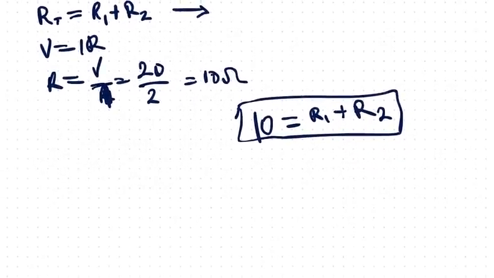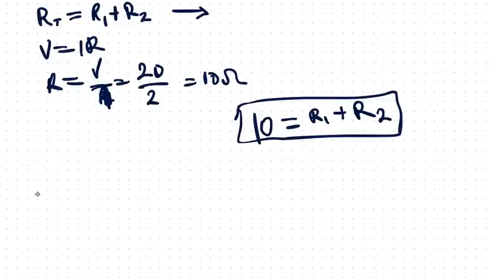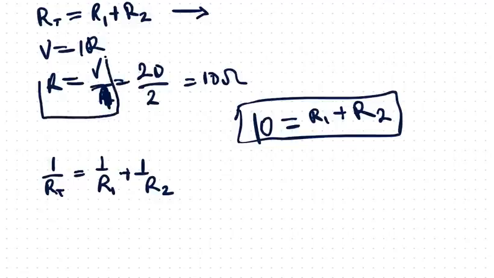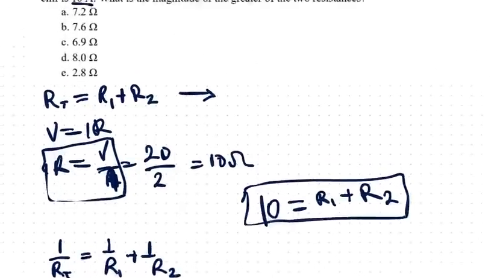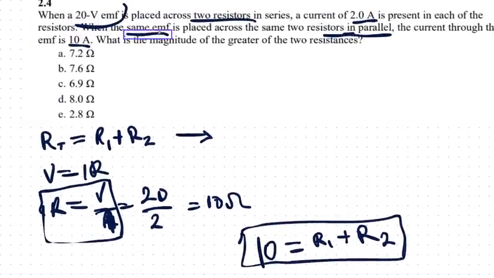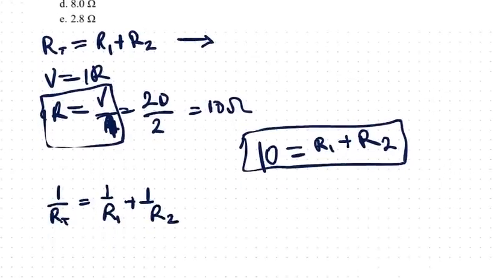For resistors in parallel, we have that the equivalent resistance is given by 1 over R total equal to 1 over R1 plus 1 over R2, and we use the same formula, R equal to V over I, and from the question we were told the same EMF and the current will be 10 amps.